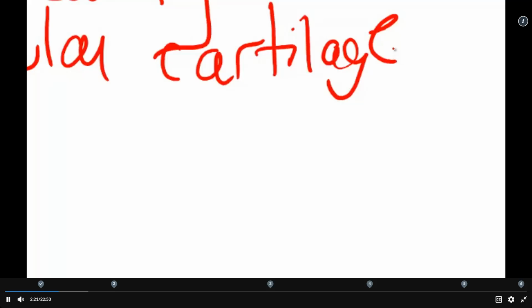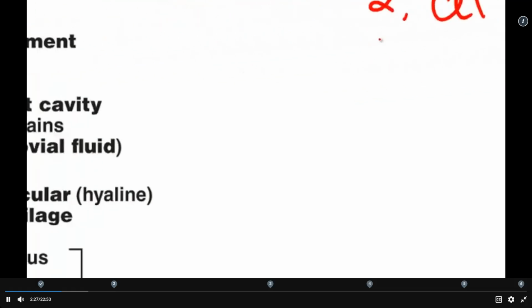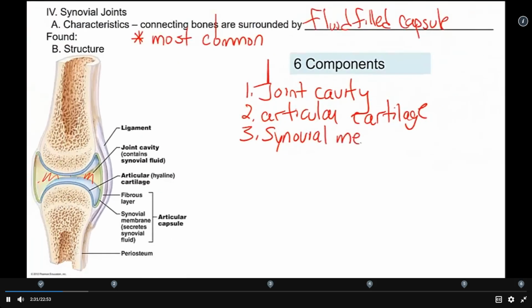The next thing that you'll notice is the joint capsule is completed by this green area, which is actually synovial membranes. So the joint capsule is lined with articular cartilage where the bones connect, and then the synovial membrane on the other side. Now, these synovial membranes actually produce synovial fluid, which is the fourth component.